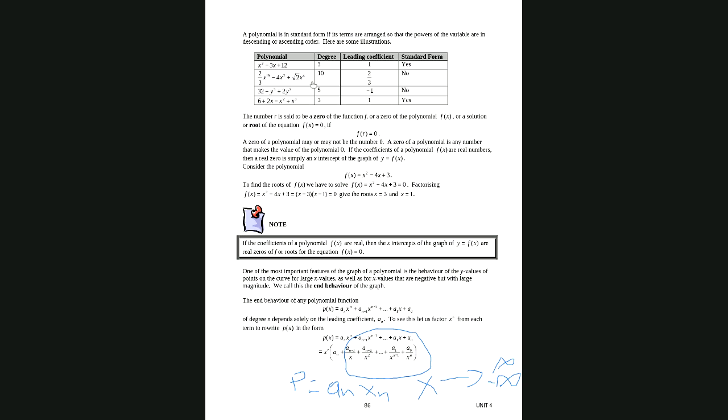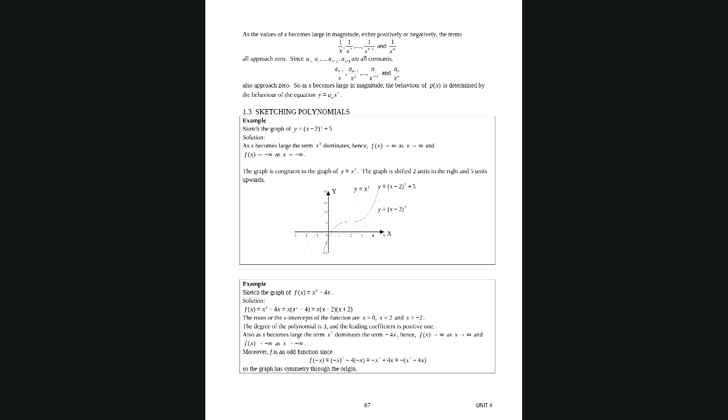Yes, sir. Okay, good. That is why here you see that all of this will go to 0, because as x becomes large and these are constants, the whole of this will approach 0. So as x becomes very large, p of x will be equal to a_n x^n. Have you seen that? So we know that as x becomes very large, this thing will approach either negative infinity or positive infinity.